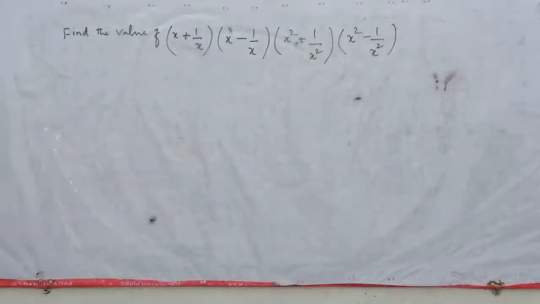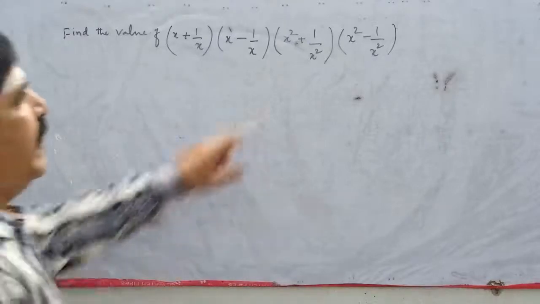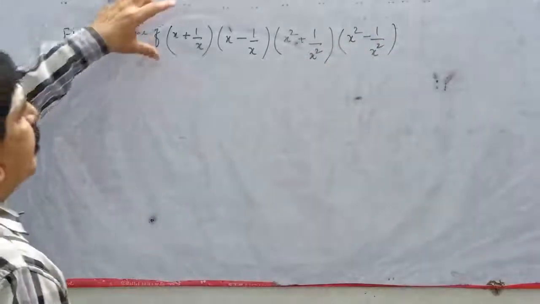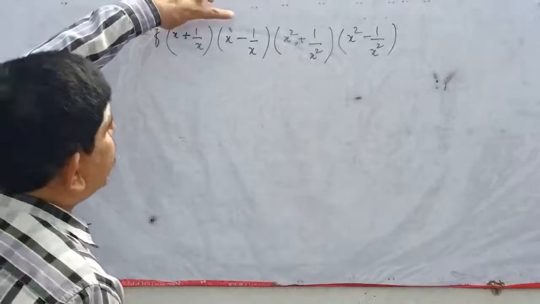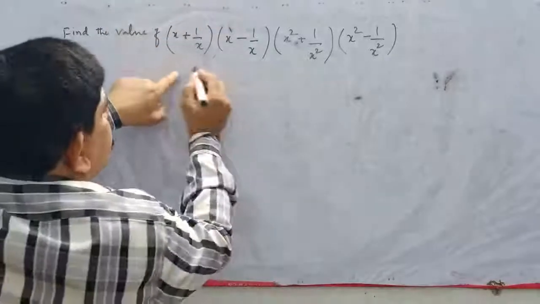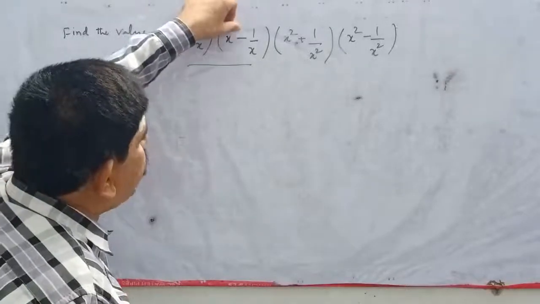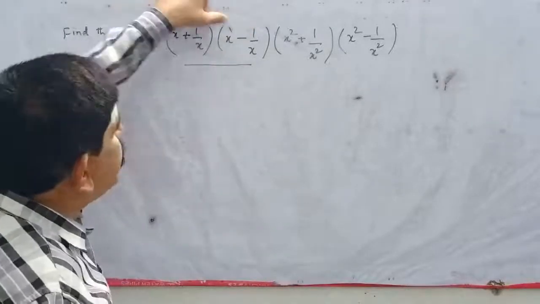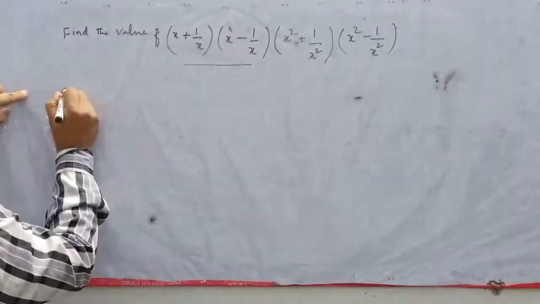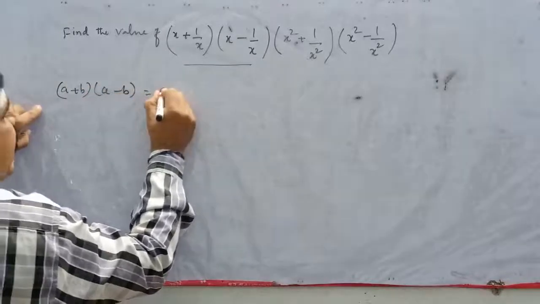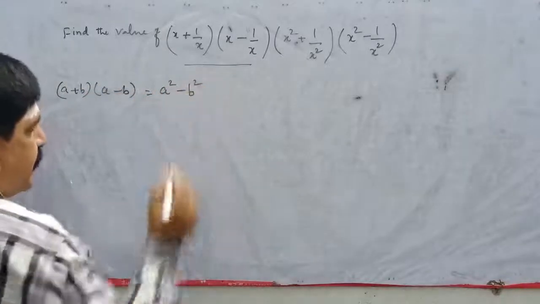Here the first two terms are in the form of (a plus b) into (a minus b). So (a plus b) into (a minus b) is a square minus b square. This is the formula.